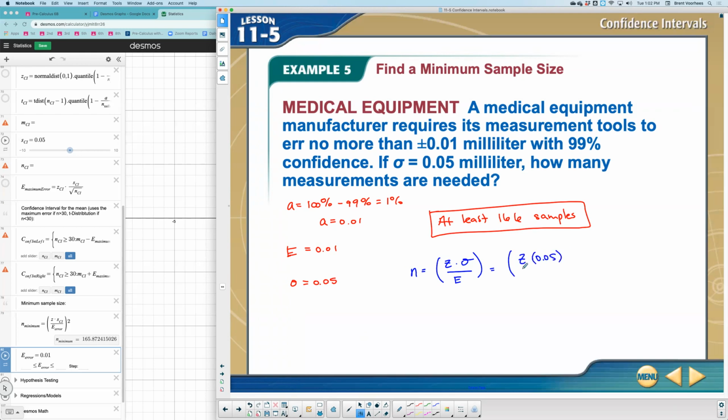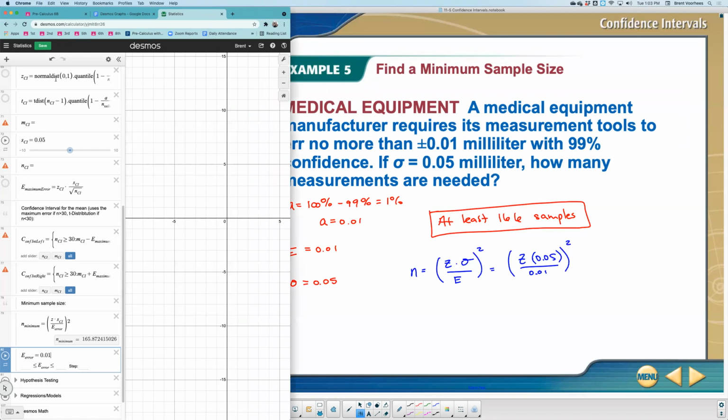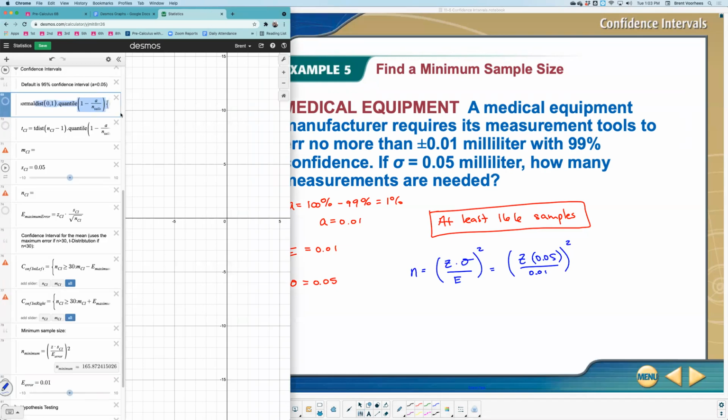What they did not give us is the z value, and that's the quantile function, or the normal distribution's quantile function, as I was talking about up here. And so that's basically what happens right in here, and it calculates that value for us.